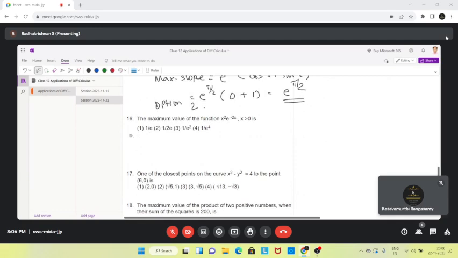The maximum value of the function x square e power minus 2x where x greater than 0. Differentiate, equate to 0, then take a second derivative.